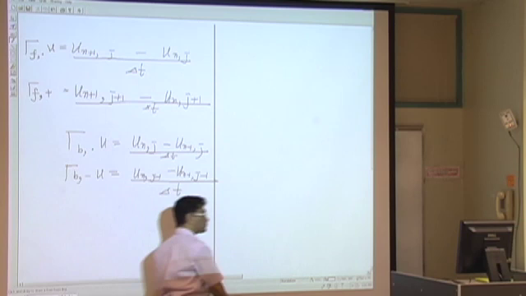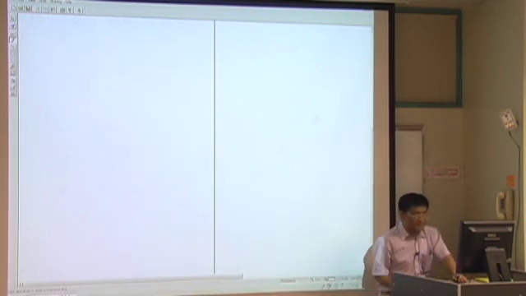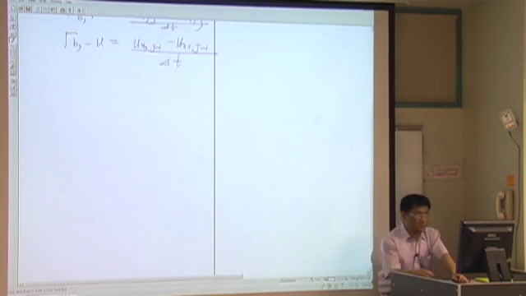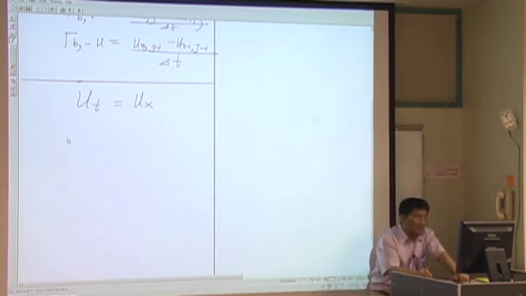First of all, of course, knowing the essence is more important. Assume that u sub t equals u sub x is the differential equation. Then some people decide to use this direction for the first derivative.